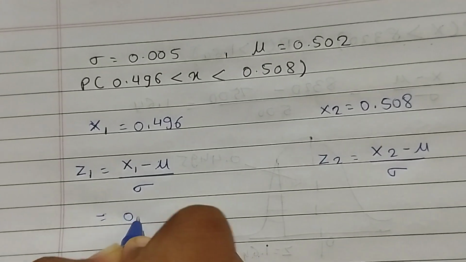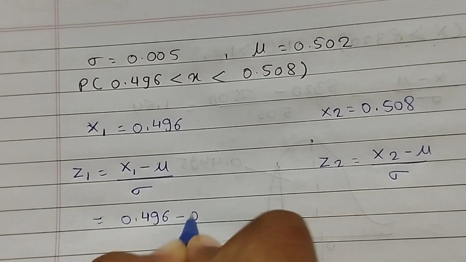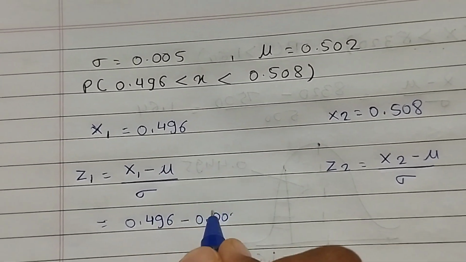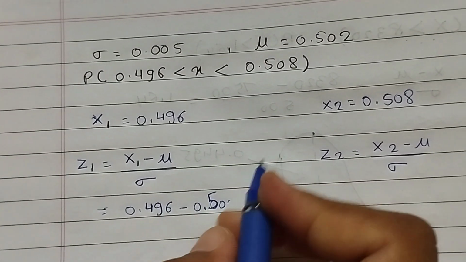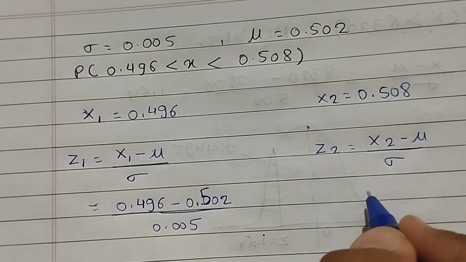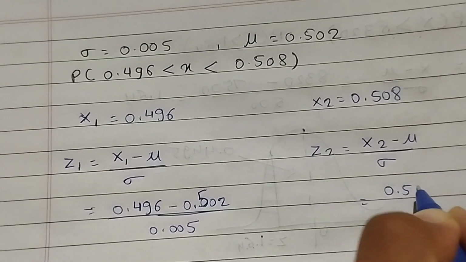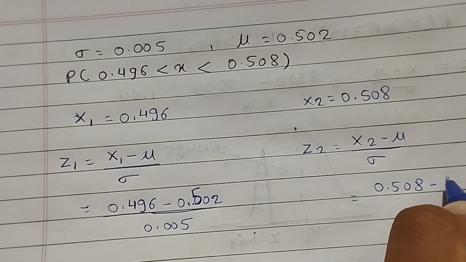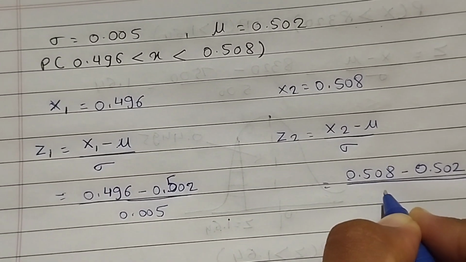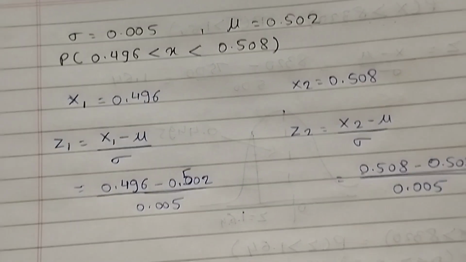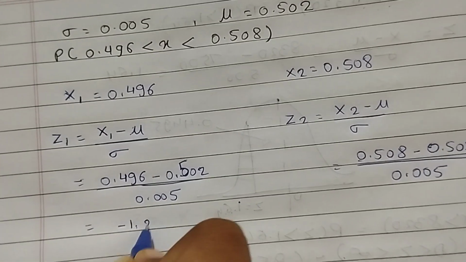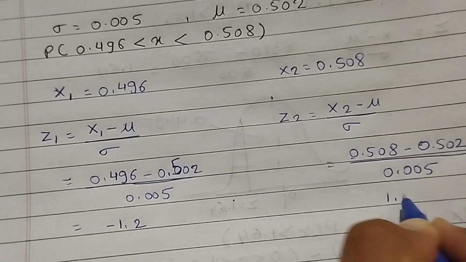So z1 is 0.496 minus the value of mu, which is 0.502, divided by 0.005, and z2 is 0.508 minus 0.502, divided by 0.005, which gives minus 1.2 and positive 1.2.